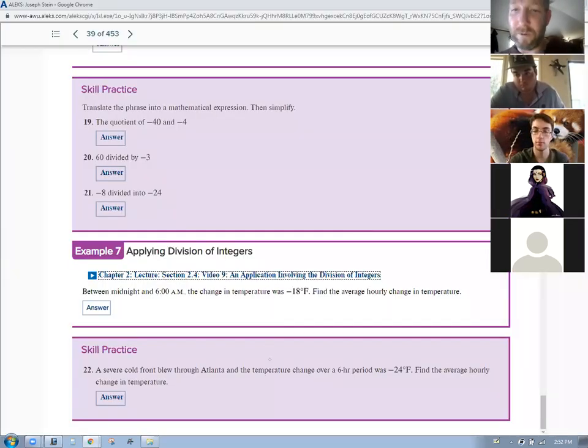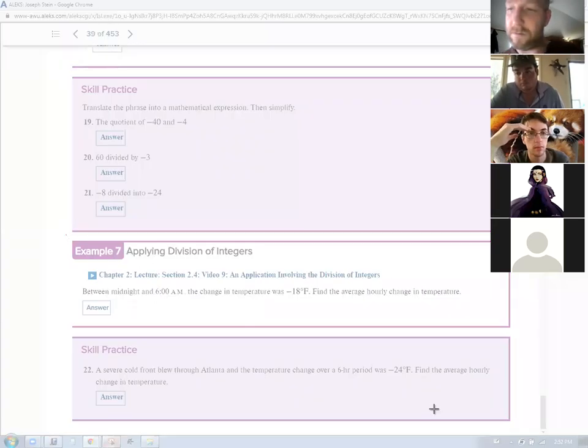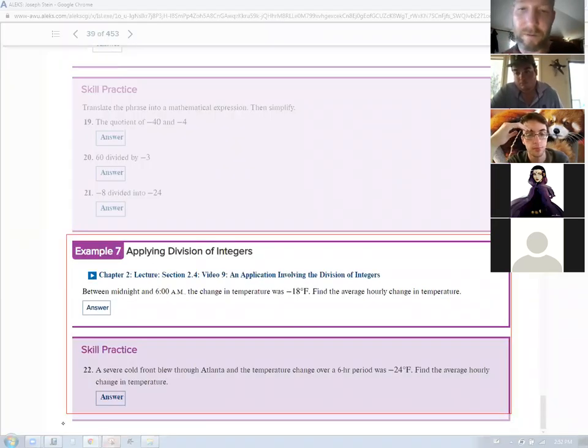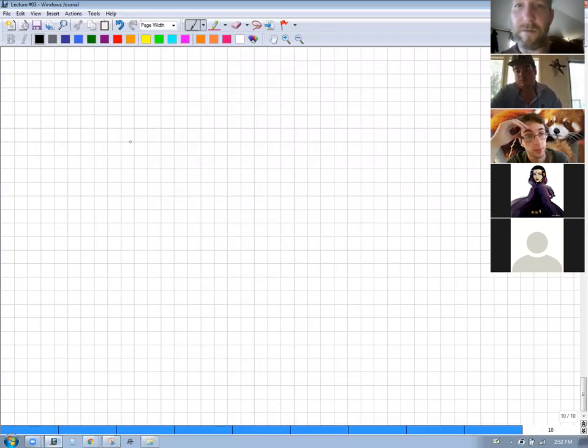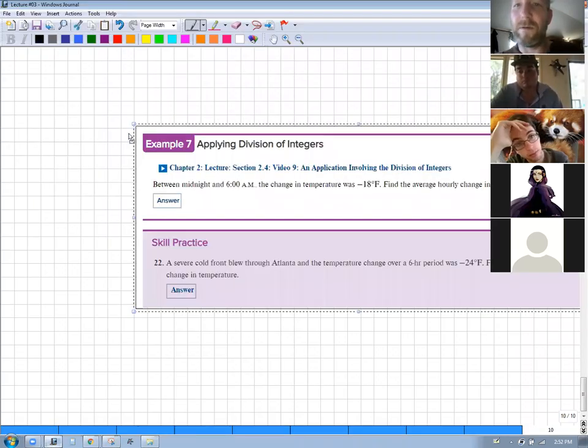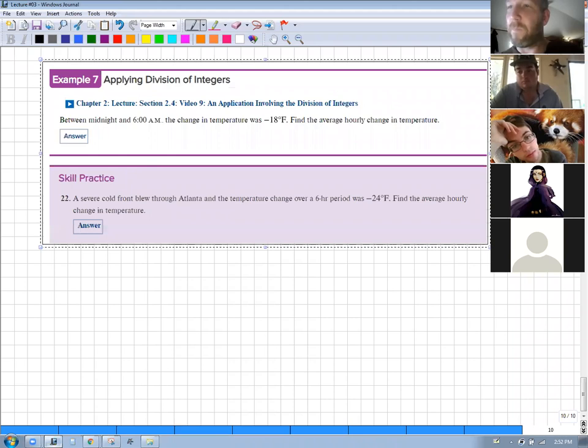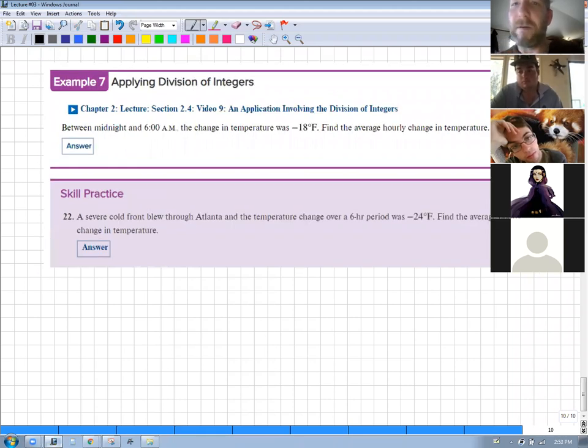That's an example word problem. So right here, between midnight and 6 a.m., the change was -18 degrees. Find the hourly change in temperature.